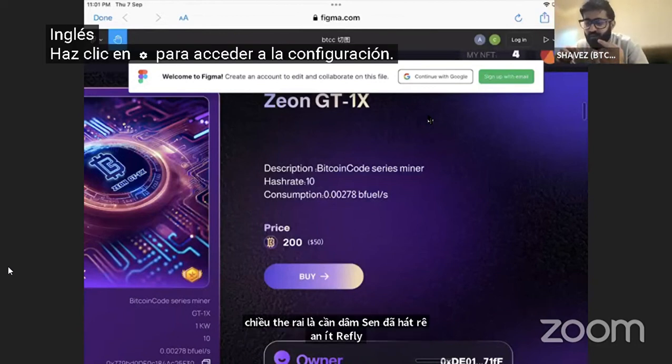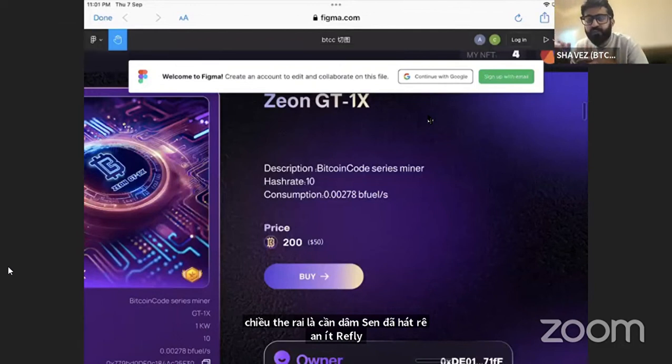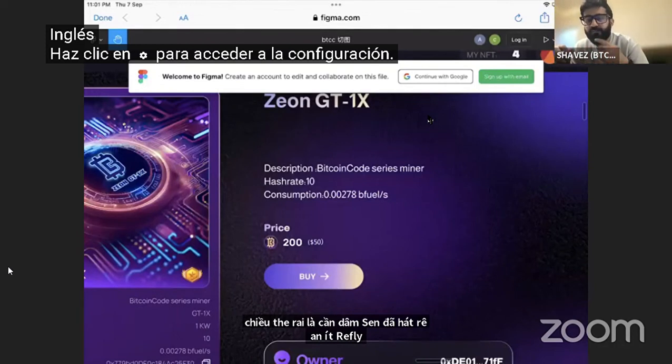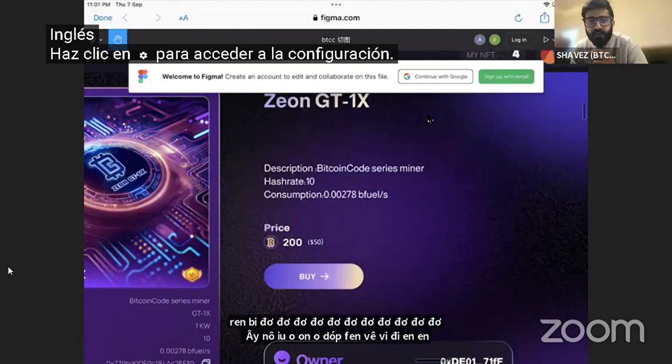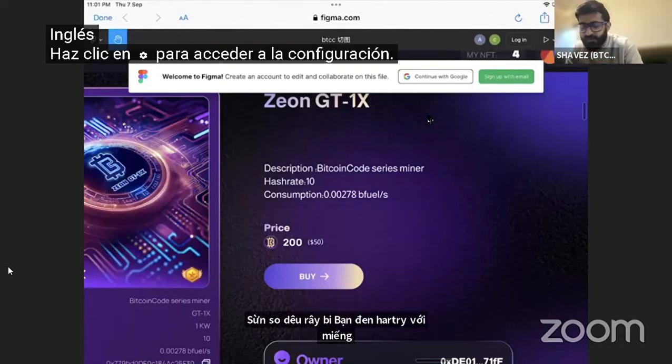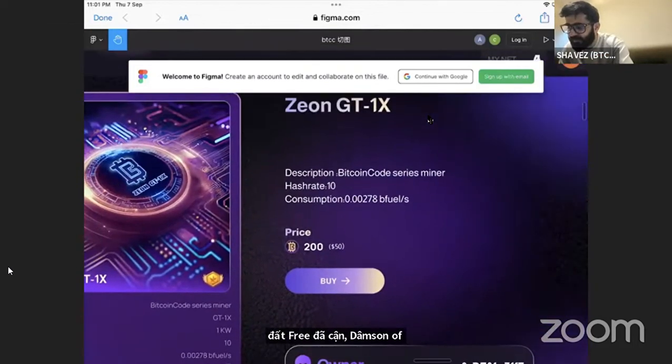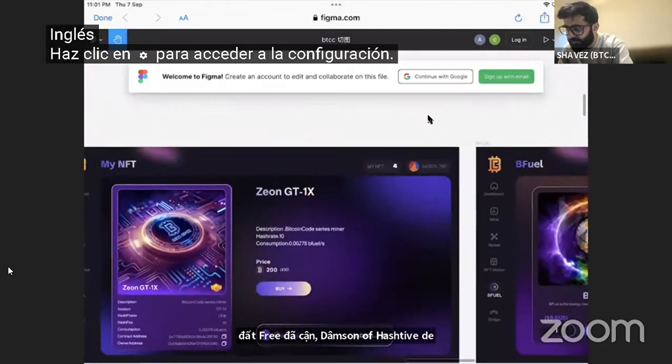I know you all want different variants in the subscription, so there will be different series and different subscriptions. This is how new series will be created, and the hash rate and the consumption of hash fee will be different. So all the details are mentioned like this in the marketplace whenever you click.